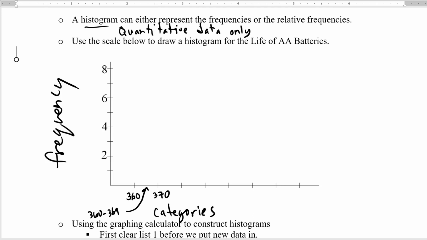What goes in this one would be 370 to 379, and then the next minimum, 380 to 389, 390 to 399, 400 to 409. So each of these includes the lower but not the top. It's not going to include 410 here. This would be from 400 to 409, 410 to 419. So the next one would be 420, 430, and so on.